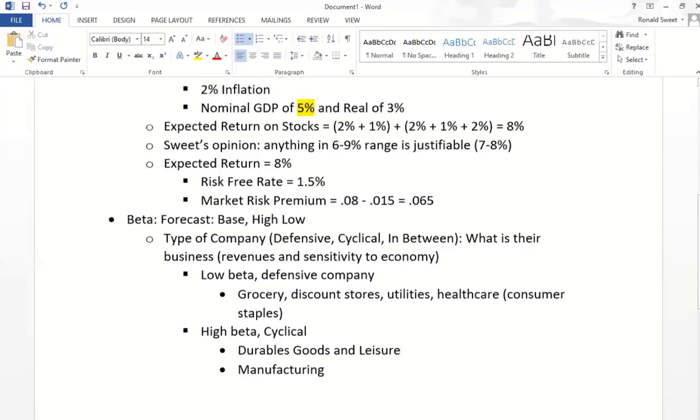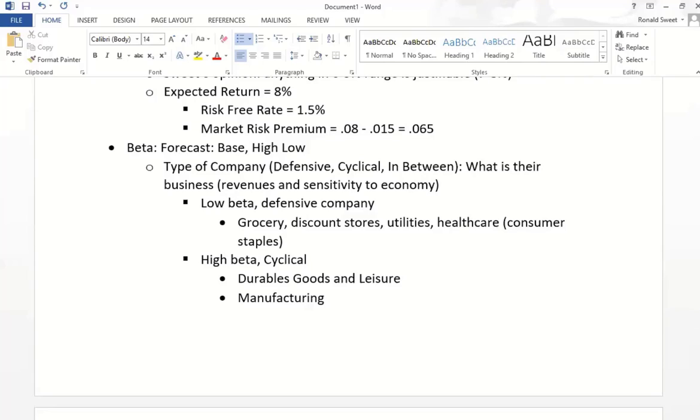And then in between, you know, fast food. I think of fast food. McDonald's to me is somewhat of a round one beta. Kind of the higher end discount stores, maybe a Home Depot.